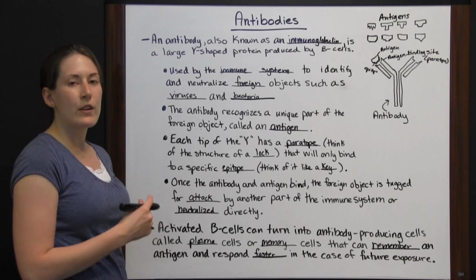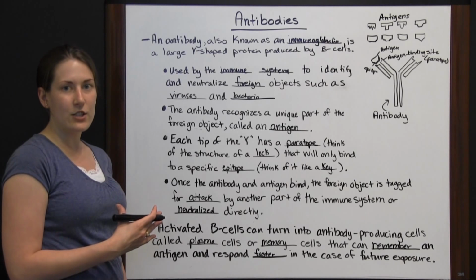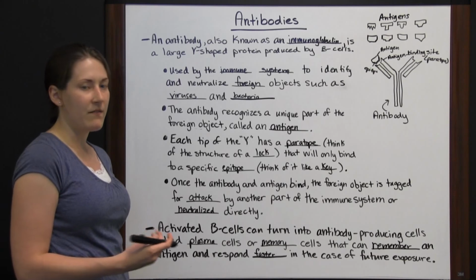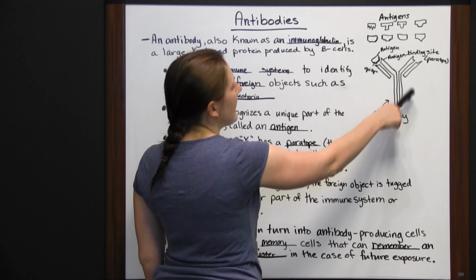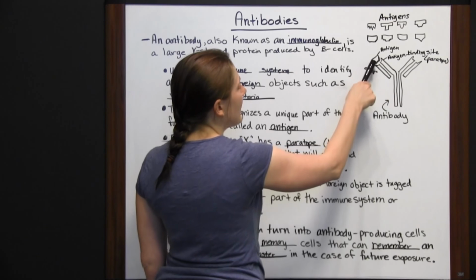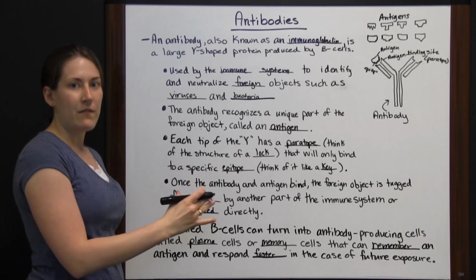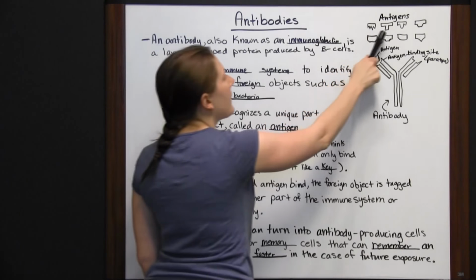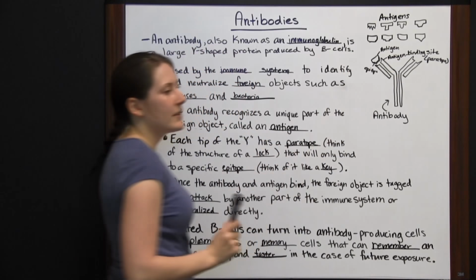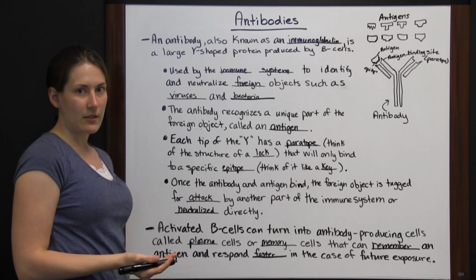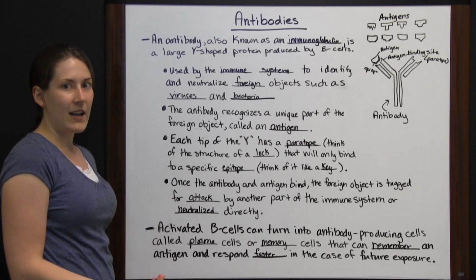And the memory cells are going to remember the last antigen they had, and they're going to be able to respond faster. It won't have to try all of these keys to figure out which one goes in the lock. It will already know which key goes in the lock, and it will be able to respond faster.